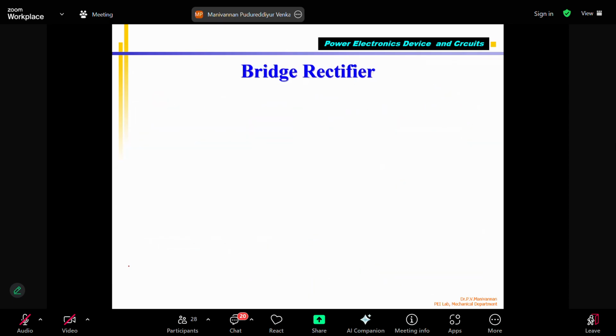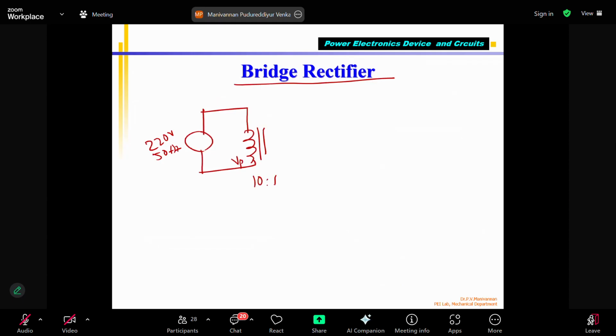The third type of rectifier is called a bridge rectifier. First I will draw the circuit. This is my transformer input. This is my primary coil, VP. This is 220 volts, 50 hertz. I say that the transformer is 10:1. Correct? If I give 10 volts, on the secondary side 1 volt will come.